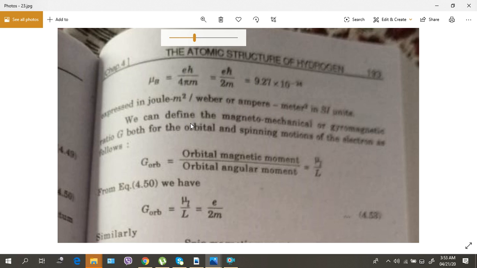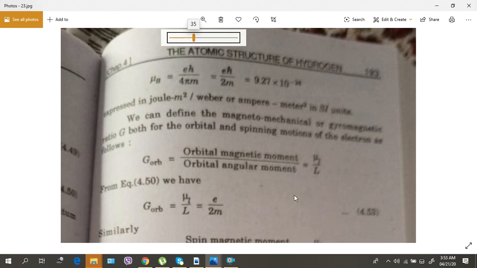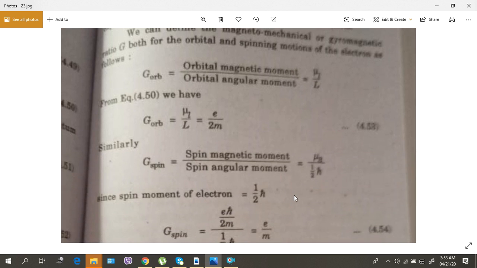We can also define the gyromagnetic ratio g, both for the orbital and spinning motions of the electron, as follows. When we find the ratio between the orbital magnetic moment and the orbital angular momentum, that is mu L over L, we call it the gyromagnetic ratio g. From equation 4.5 we have mu L over L is equal to e over 2m.